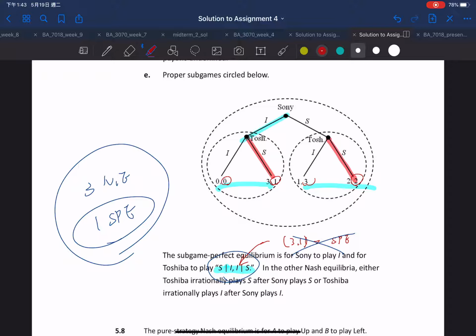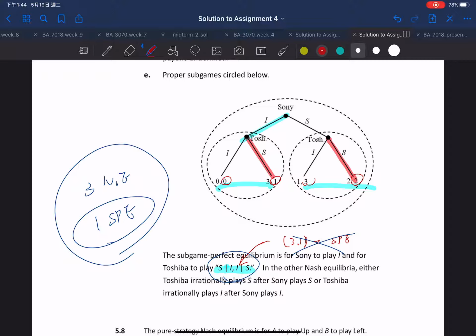This one is a Nash equilibrium because Sony is still getting 2. 3 is still better than 2, so Sony doesn't have the incentive to move. And because Sony is actually choosing I, no matter what Toshiba does, it doesn't change the payoff either.